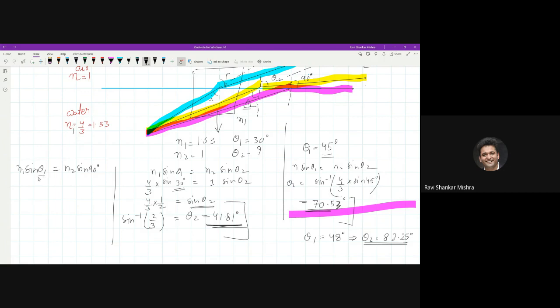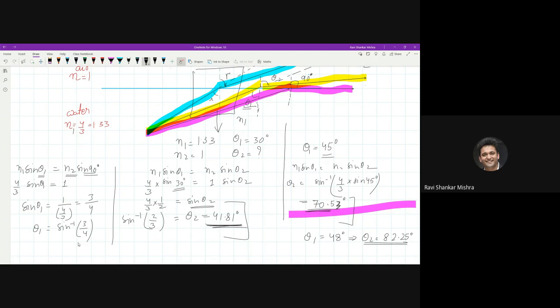So let's find which will be that angle. So 4 by 3 sine theta 1 is equal to sine 90 is 1, and this is also 1. I'll keep 1 over here. Sine theta 1 is equal to 1 divided by 4 by 3, which will turn out to be 3 by 4. Theta 1 will be equal to sine inverse 3 by 4.